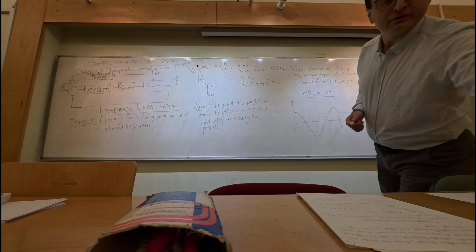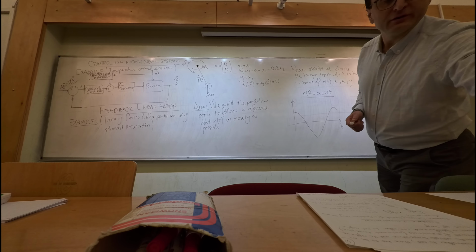It is a times cosine of t, so this magnitude is actually a. And the pendulum system is going to start at the origin. Its angle is going to be the downward equilibrium point angle, because x1 of 0 is equal to 0. Pendulum angle is going to start here, and we will want the pendulum angle to follow this trajectory. So we would want the pendulum angle to actually converge on this reference trajectory and to continue following it continuously. That is actually our aim.